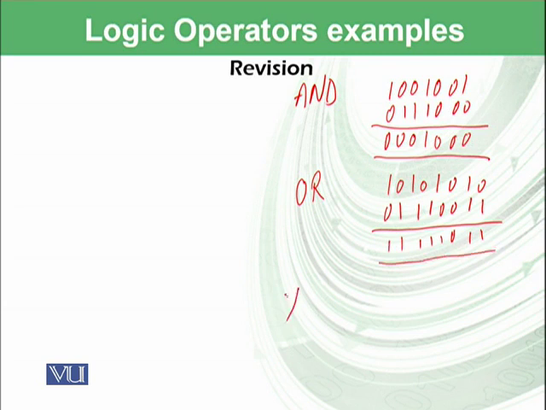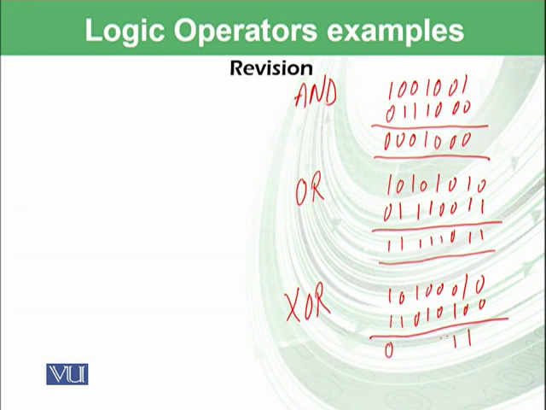And then there was exclusive OR. If any one of the inputs is 1, it gives you 1, but when both of the inputs are 1, it gives 0, and when both of the inputs are 0, it gives 0.